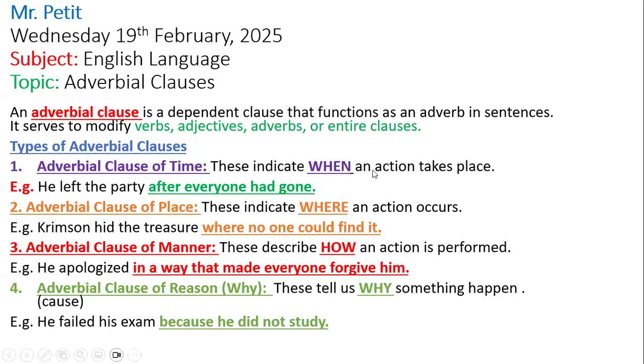I have Alea: he got in a car crash because he was focused on his phone. Very good. Who else? Come on, y'all have to put your adverbial clause of reason in the chat. Isaiah said he went to hell because he did not love God.